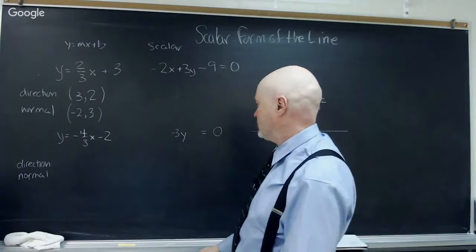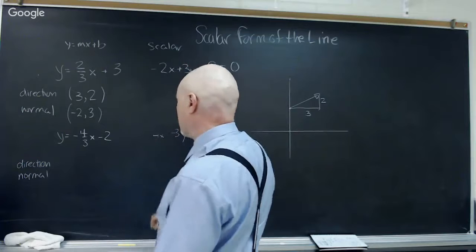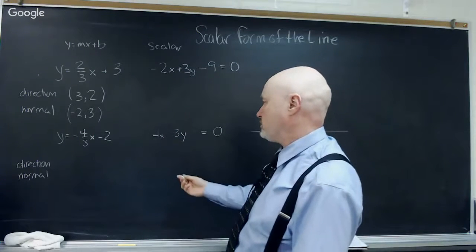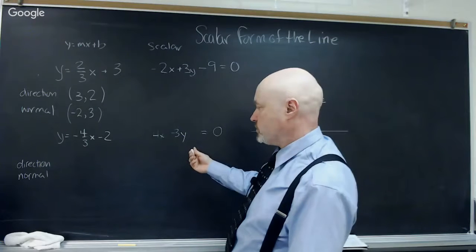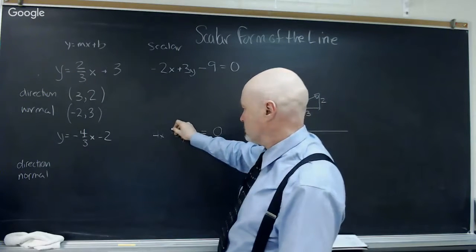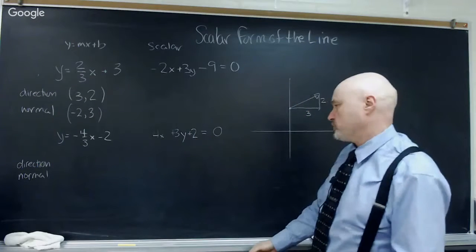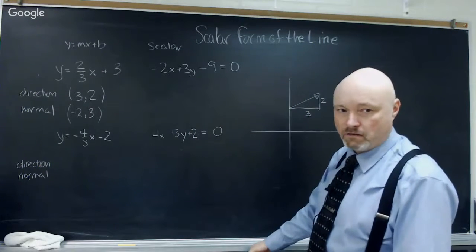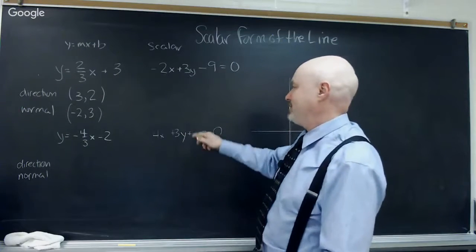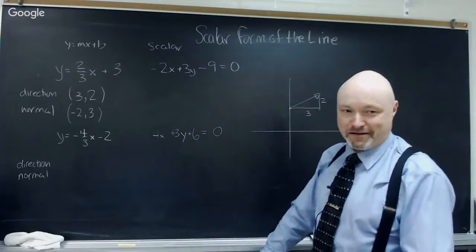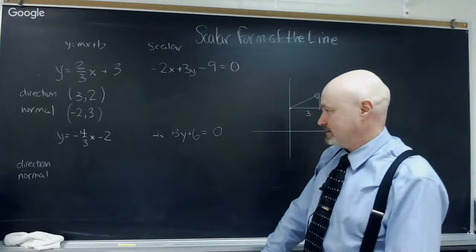Subtract 4x. Now, what do we want to do? I would actually do 4x plus 3y plus 2. Wait, do we have to multiply? Lindsay's saying no. There's something more you have to do. Yeah, 6. Okay. All right. There we go. Then you just change it all up.